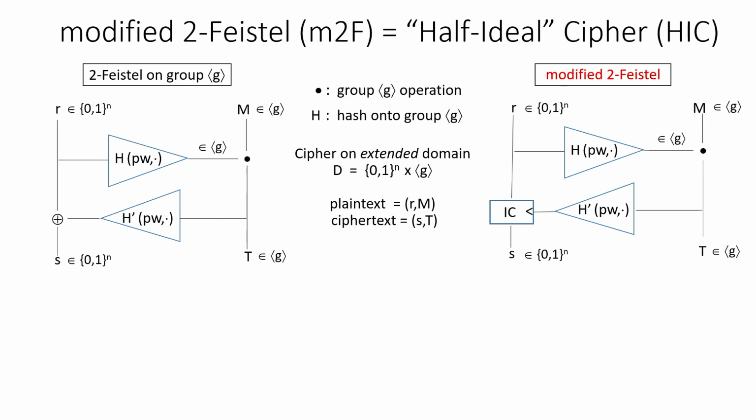And here's the modified construction. It's the same, except you replace the XOR by an encryption. It's a bit string encryption. So on that wire, you're dealing with bits, so you can use a standard encryption. Okay, and therefore an ideal cipher, we require in the model an ideal cipher.